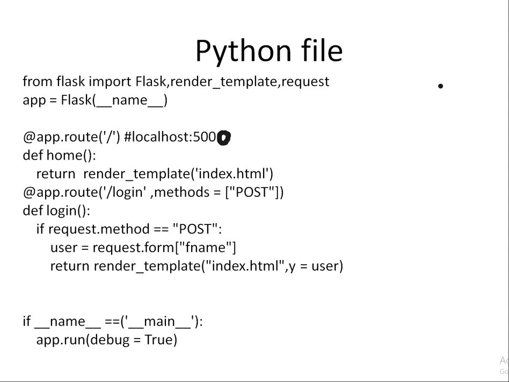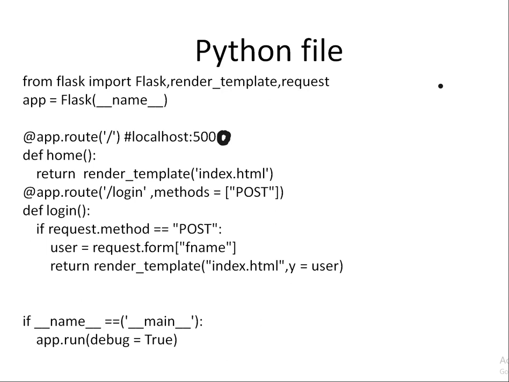If the route is slash login and method equal to post, it has to define another function where if request.method equal to post, user equal to request.form. F name is nothing but the first name, for the text field which we have given as F name, that name, the content will be retrieved, and that will be stored in this user.